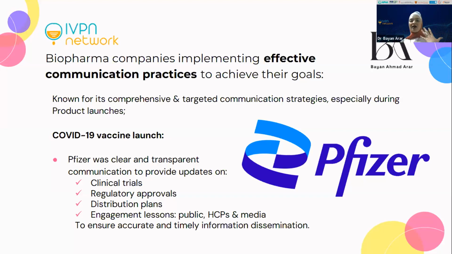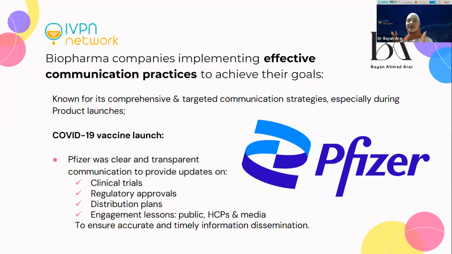We were in the middle of the pandemic, and everyone was scared of the virus, scared of dying, for example. They were upset about not having the freedom to go everywhere and anywhere they would like to. But what Pfizer did was engage us with this launch.